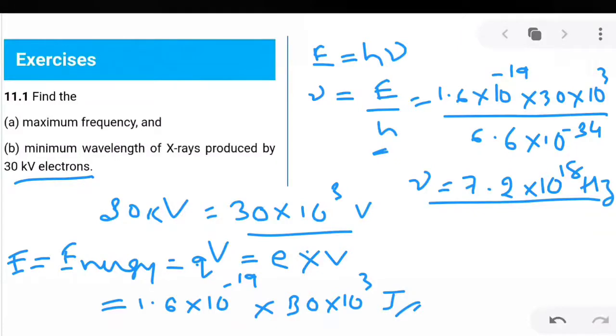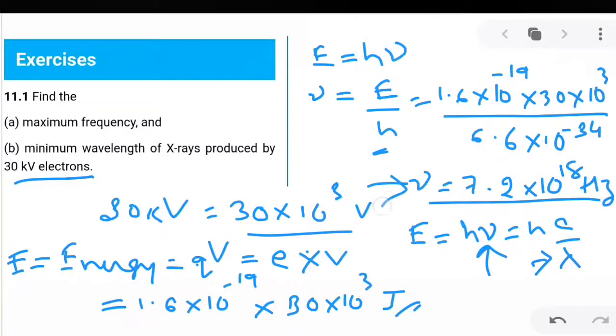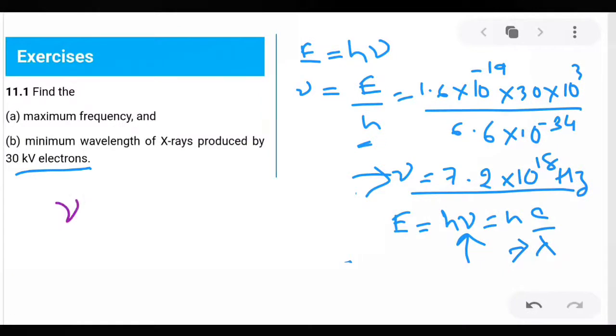Now E is equal to h nu is equal to h c by lambda, since nu is c by lambda. So if this frequency is the maximum frequency, the corresponding wavelength will be the minimum wavelength. So we can use this result to determine it.